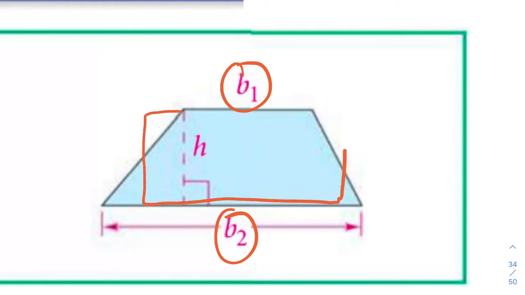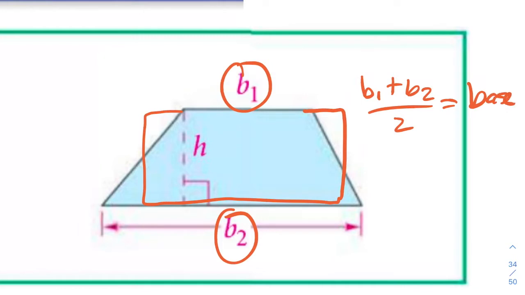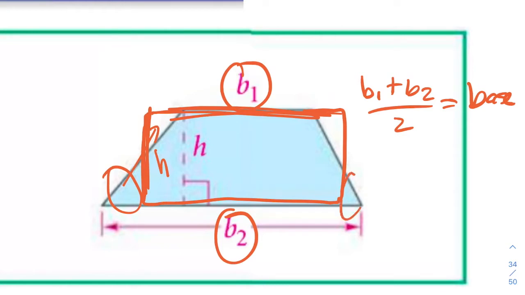And if you average b1 plus b2, you get your actual length of one of your bases. And then you multiply that by your height, h. So it's taking this part of the triangle and putting it there, taking that part of the triangle and putting it there, and it's really averaging your base.